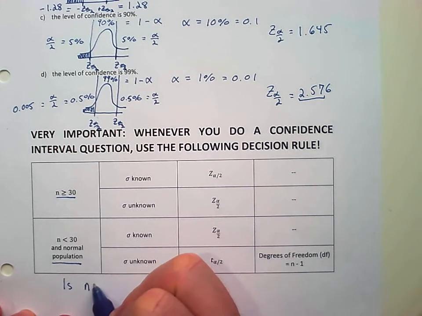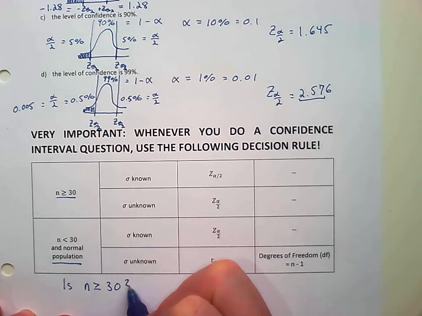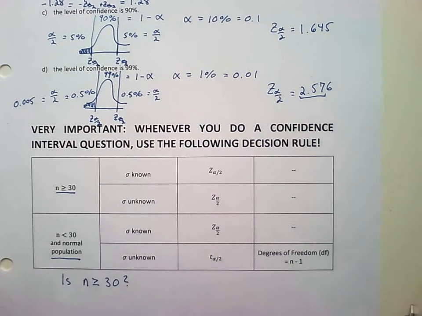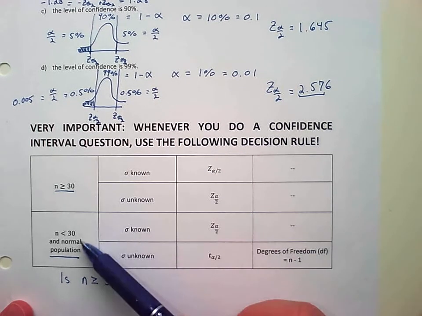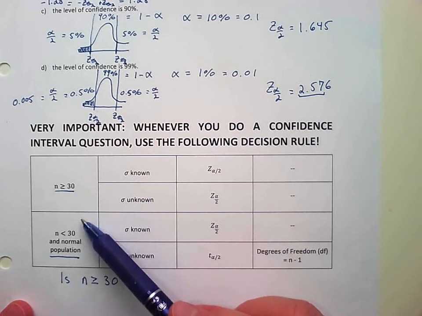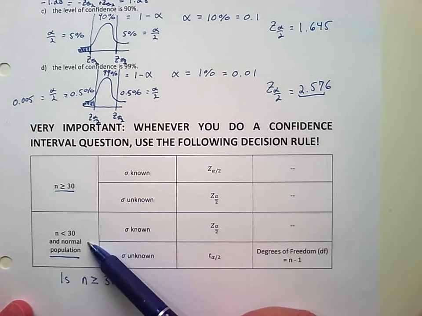Is n, our sample size, greater than or equal to 30? And that's a yes or no answer to that question. Either it is greater than or equal to 30 or it's not. And depending on how we answer that question, it's going to determine which box we're in. If we answer yes, we're up here in the top half, or if we answer no, we're down here in the bottom half.